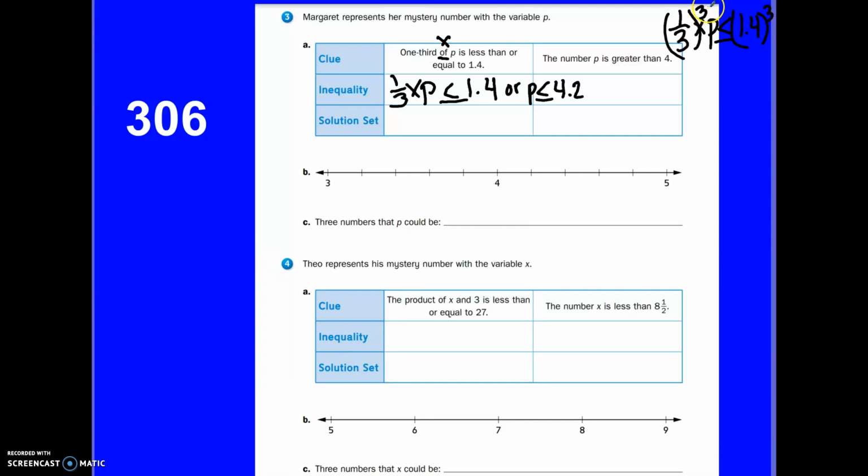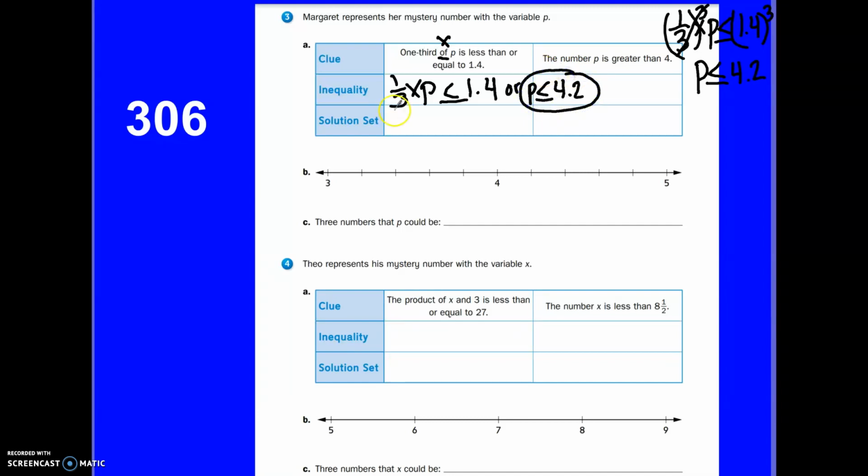So when I multiply by 3, I can cancel it out. So I just have 1 p left over, so I can just write p, and that's all canceled out, and p is by itself. So now I have p is less than or equal to, and 1.4 times 3 is 4.2. So that's how I got this additional inequality.